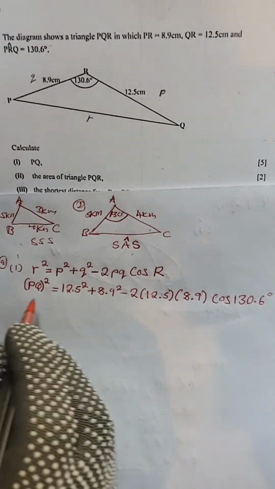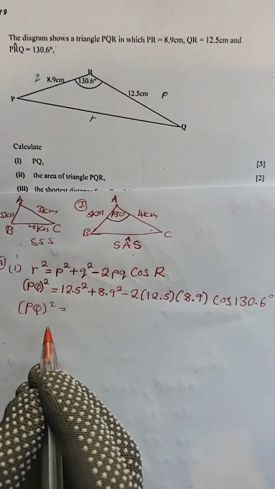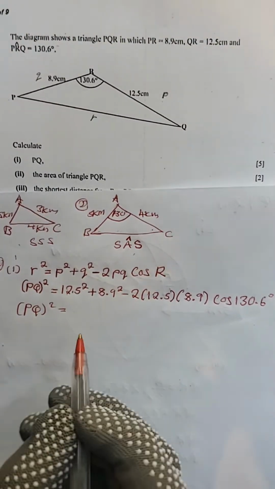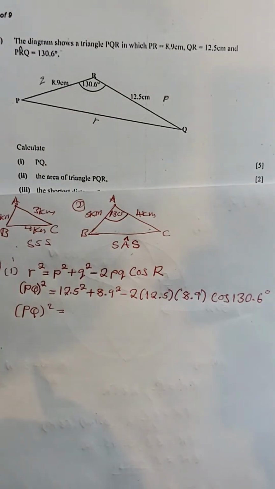Now we have PQ squared is equal to, what is 12.5 squared? Help me with calculations, guys. 12.5 squared is 156.25. You can just confirm.